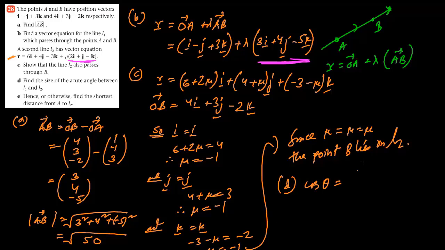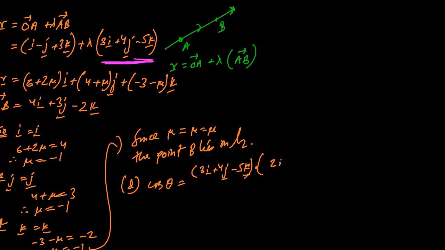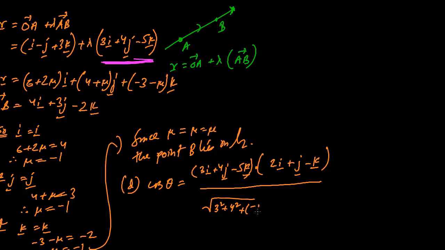So cos theta equals the direction vector of L1, 3i plus 4j minus 5k, dot the direction vector of L2, 2i plus j minus k, divided by the modulus of the direction vector of L1, square root of 3 squared plus 4 squared plus minus 5 whole squared, times the square root of 2 squared plus 1 squared plus minus 1 whole squared.